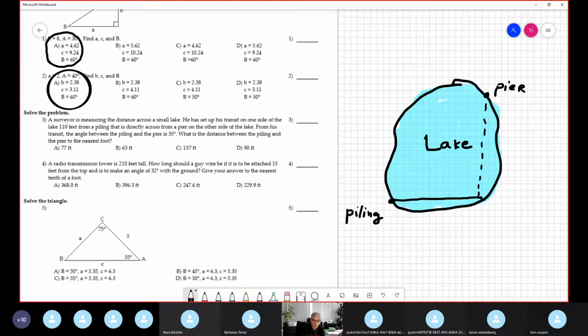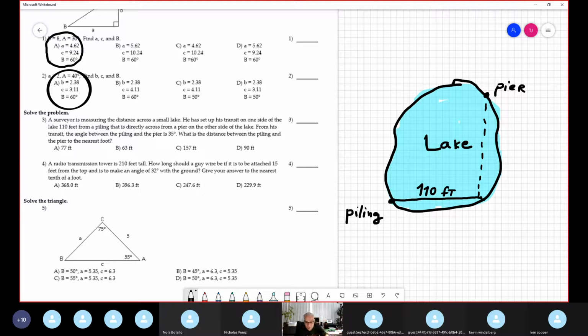Let me read again: he has set up his transit on one side of the lake, 100 feet from the piling, that is directly across, which is synonymous with horizontal, from the pier on the other side of the lake. From his transit, the angle between the piling and the pier is 35.